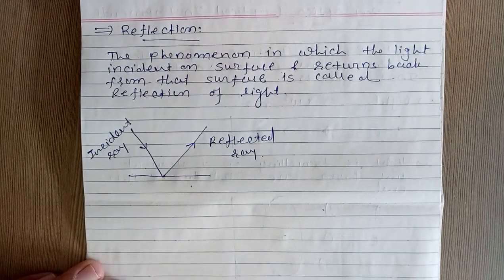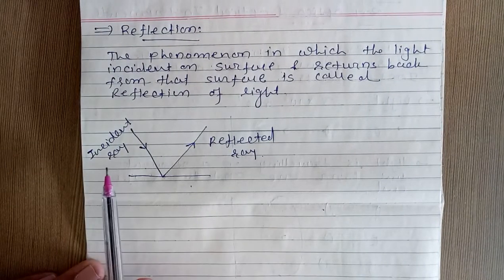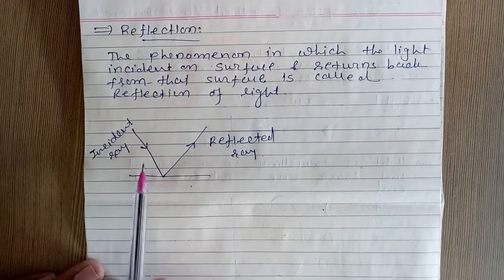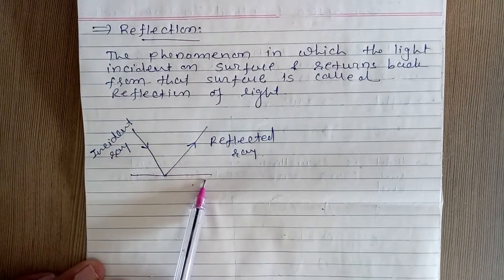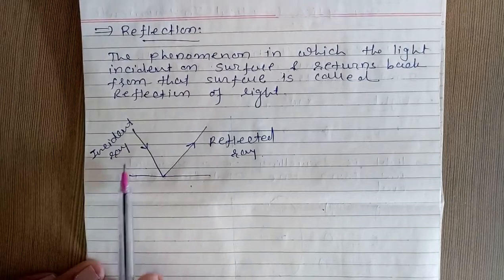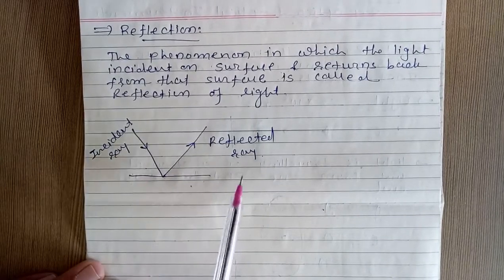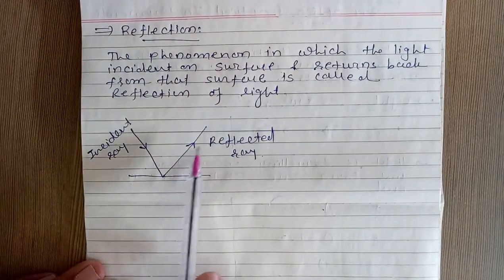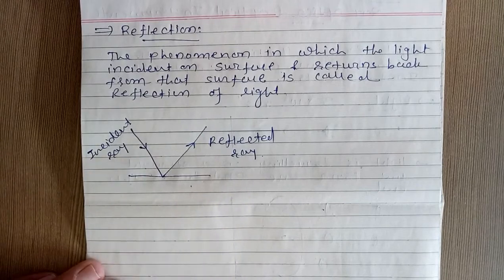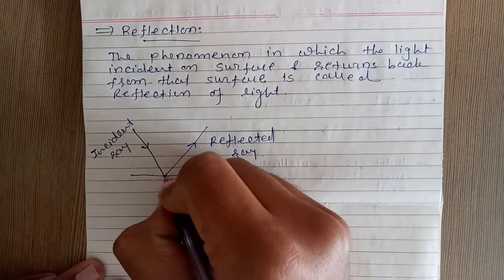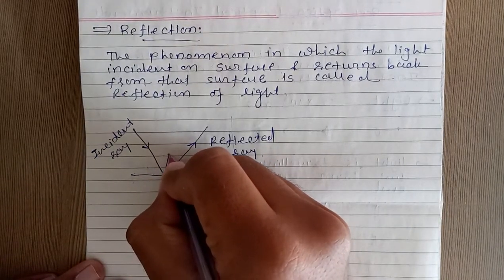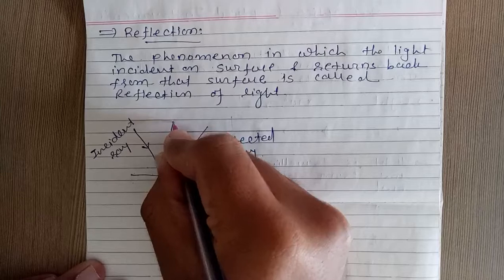Once again I repeat, the ray which is incident on the surface is known as the incident ray, and the ray which returns back is known as the reflected ray. Now here suppose I draw one normal to this surface like this.